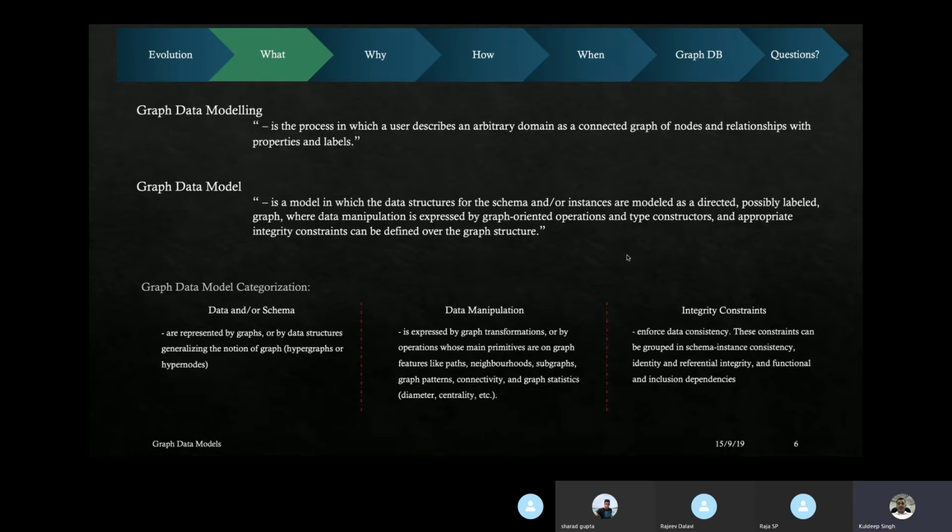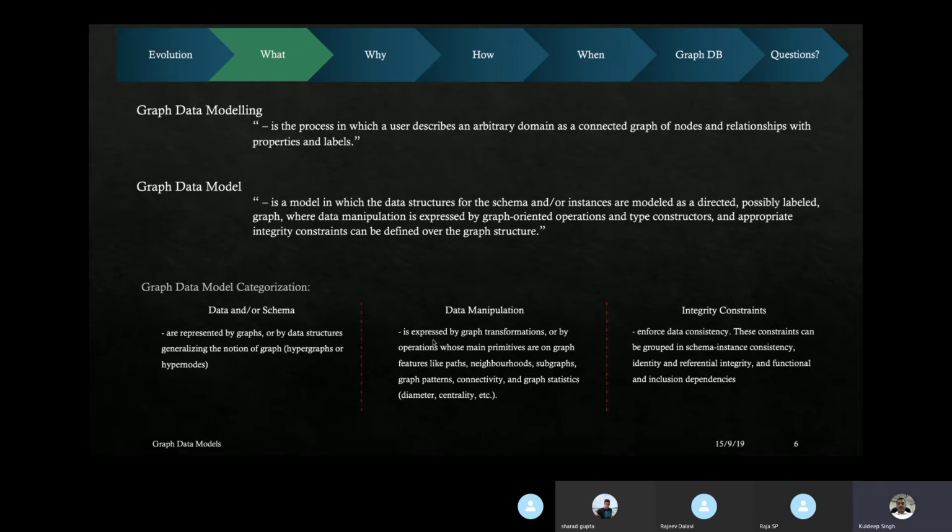With this definition, we can categorize graph data models into broadly three categories. One is representing data or schema with the notion of a graph, or the data manipulation, which we used to do, like nearest path or graph patterns or connectivity. Those kinds of operations are expressed through a graph.